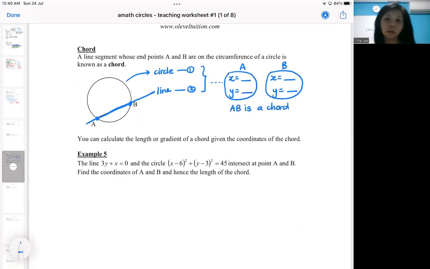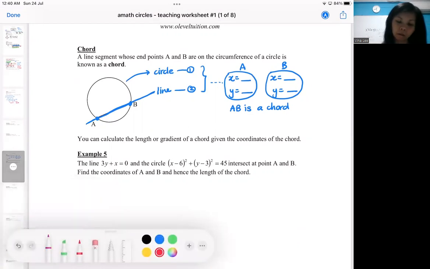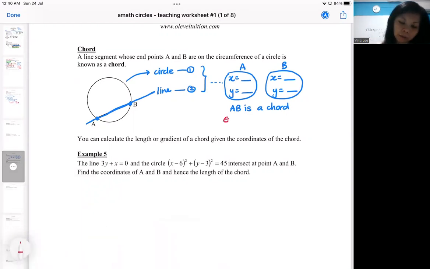So there will be some features regarding the chord. Once you get your A and B, sometimes they will ask you for the gradient. It's a very normal thing. As long as you have two coordinates already, it is possible that you will be asked for the gradient of AB. Or they can even ask you for the length of AB. So you use your length formula that you learned in A-Math coordinate geometry.